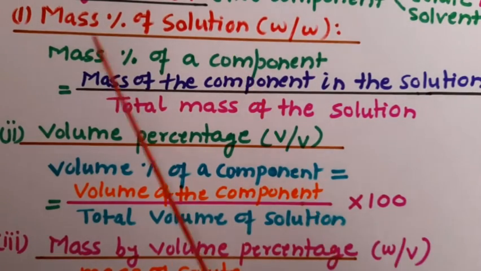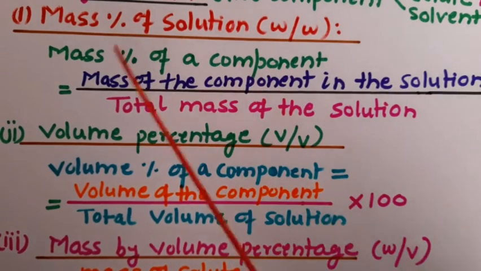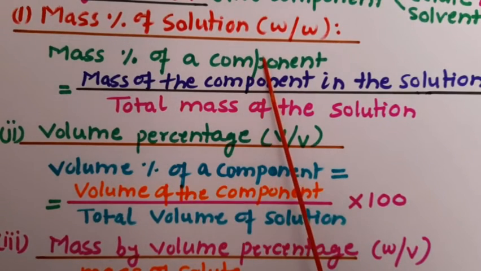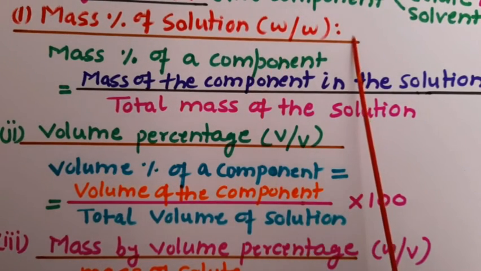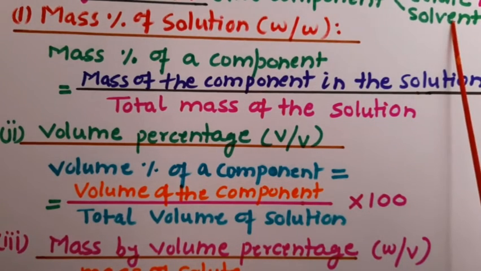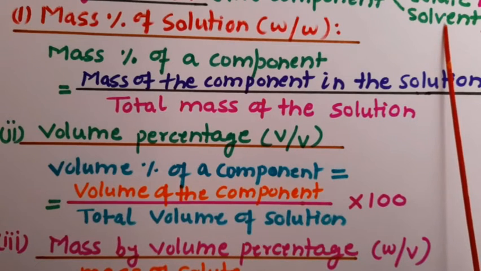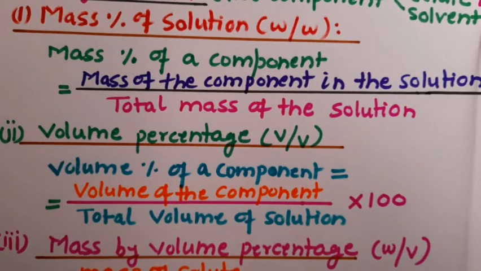Mass percentage, if mass percentage is given and you have to convert it into mole fraction or molality, first of all you assume that 20% solution of glucose means 20 gram of glucose is present in 100 minus 20 will give you the mass of the solvent. It means 80 gram of solvent.